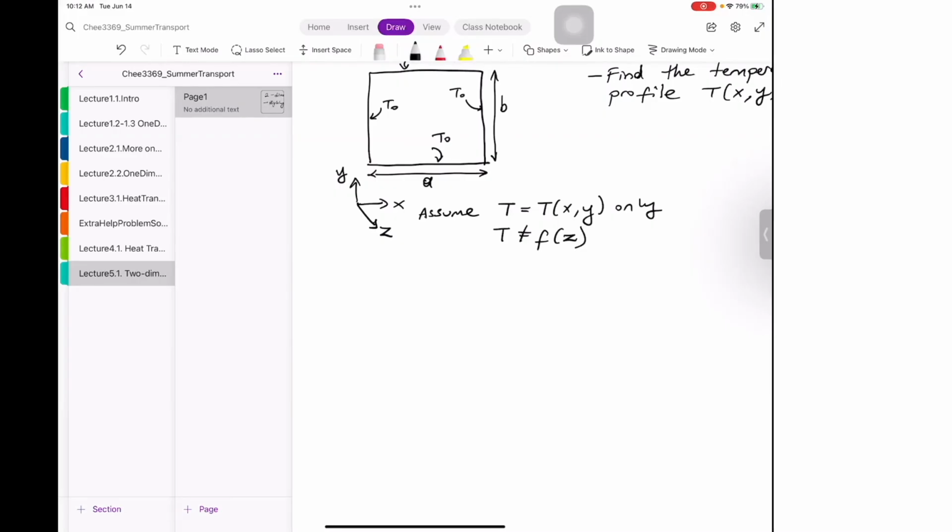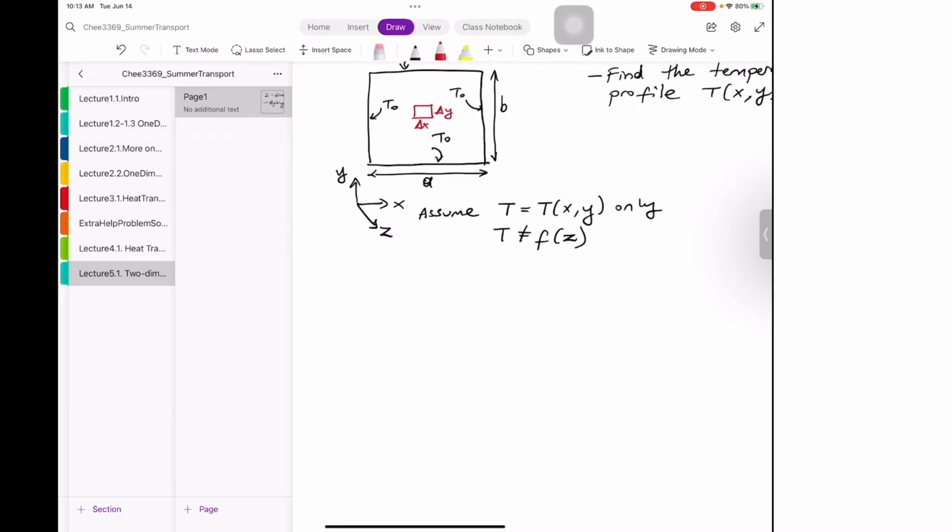We're going to do a shell balance again, but this is going to be a two-dimensional shell balance. So I'm going to explain what I mean in a second. I'm going to take a small shell with dimensions delta x, delta y.